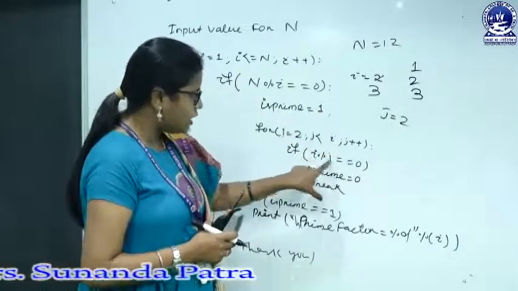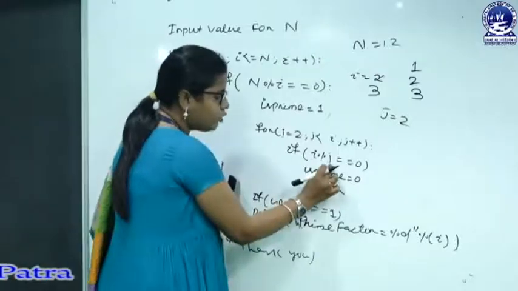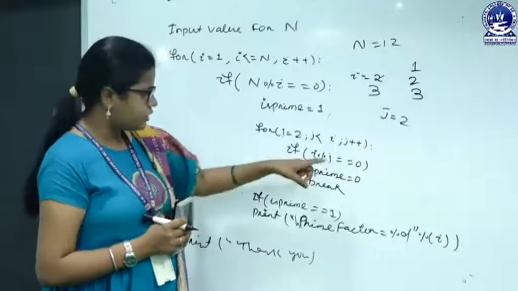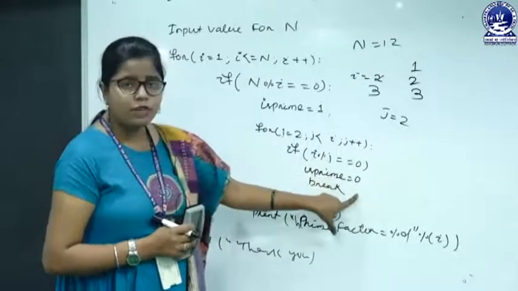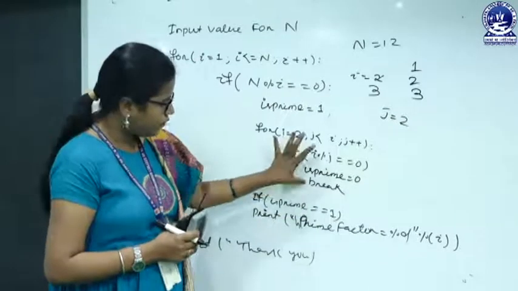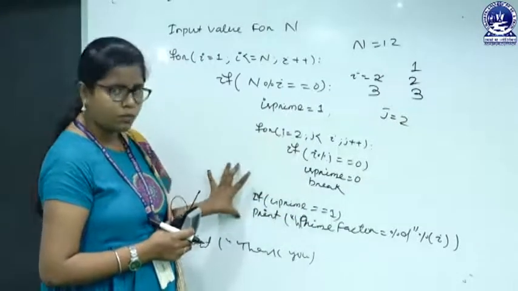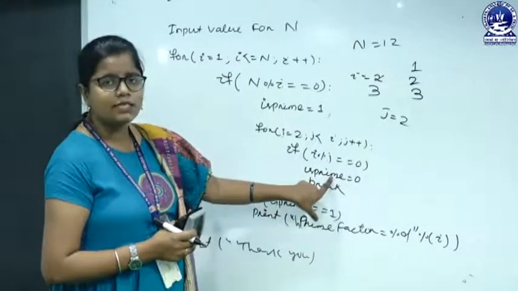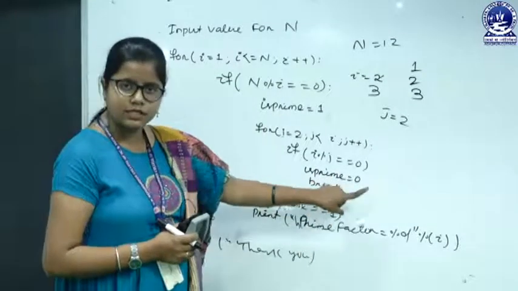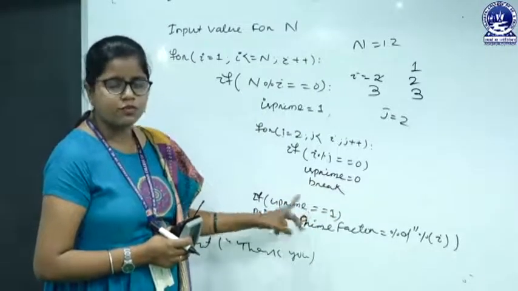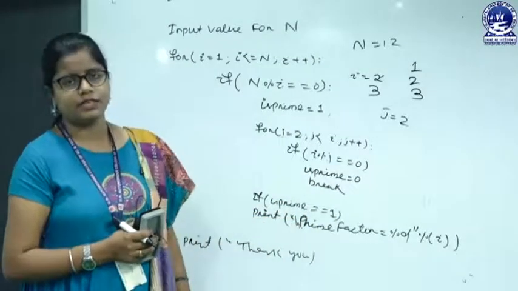I modulo j, that is what? 4 modulo 2 equals to 0. So this is true. So is prime equals to 0. Now break. So we will go out from this loop. So is prime equals to 1? No. The is prime has been modified and is prime is now 0. So this condition will be false. So 4 will not get printed here.